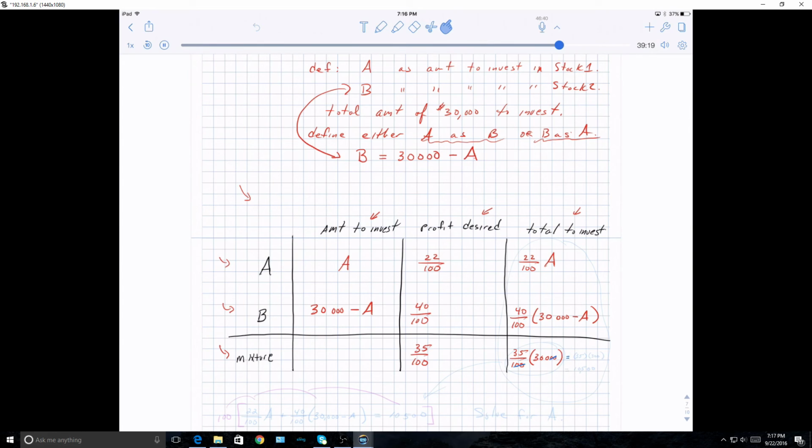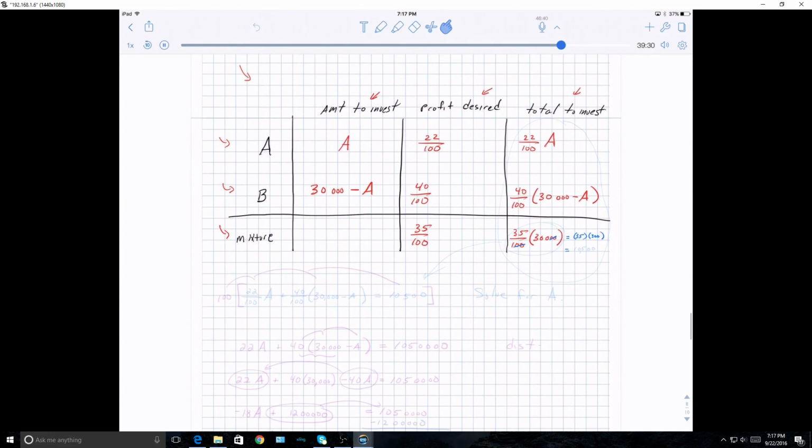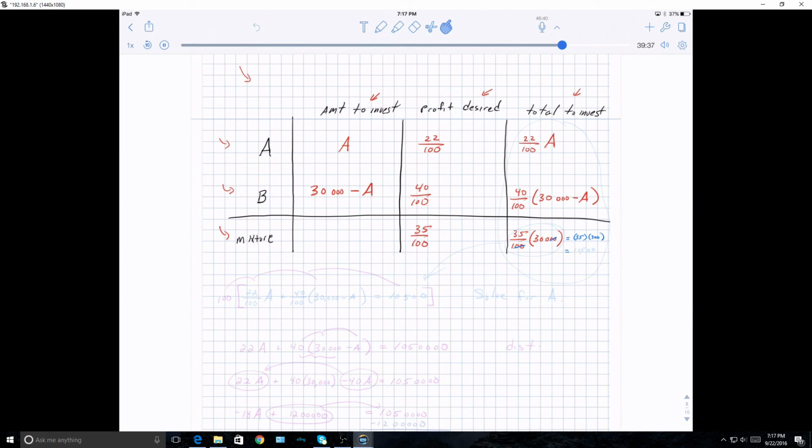So this really crunches down to 35 times 300. And then all we have to do is multiply the 3 times 35, which is going to give you 105 with 2 zeros. So it looks like we're hoping to gain about $10,500, okay, at the end of everything, if all the rates and the desired profits stay true.